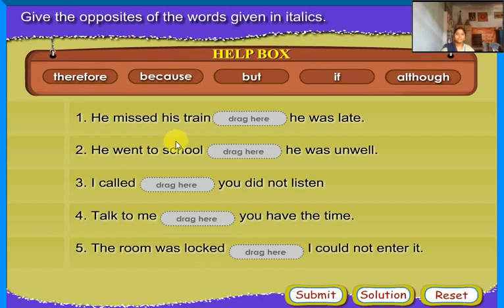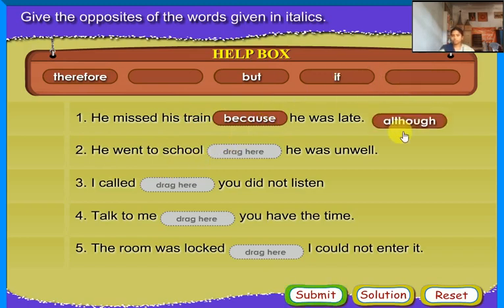Do the opposites of the words given in italics. He missed his train, dash he was late. Because he went to school, dash he was unwell. Although I called, dash you did not listen.